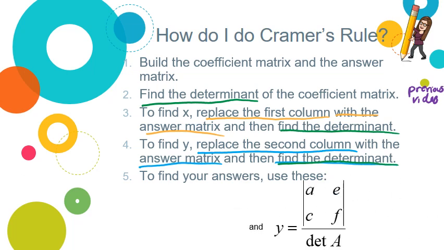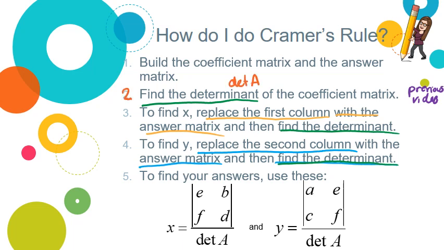Step 5, we'll be able to actually find the answer of our systems. And we're going to do that by taking the determinant of our x matrix, and we're going to put it over our determinant of our coefficient matrix. Okay, so if I relate these steps, I could say this is the determinant A, that's step 2.